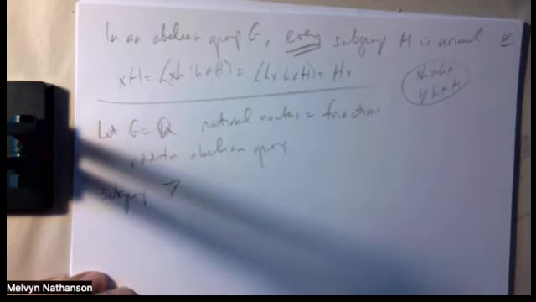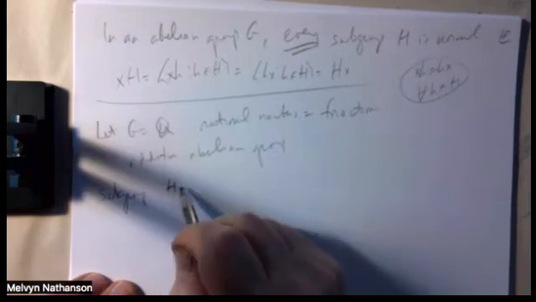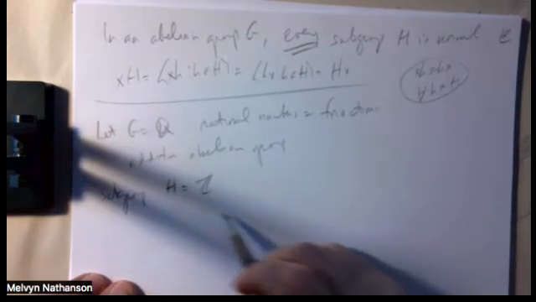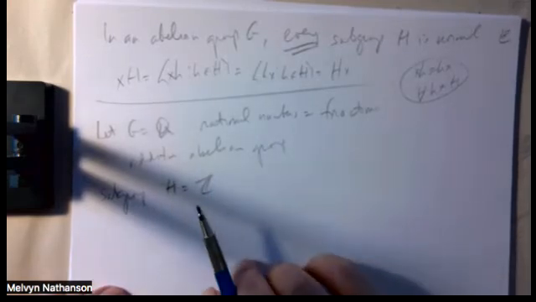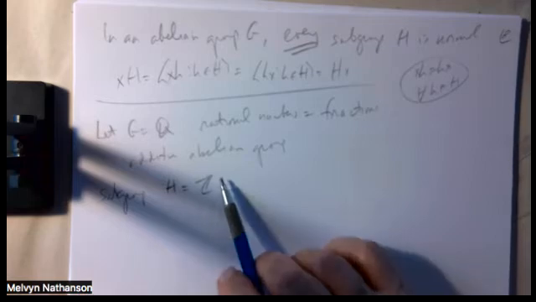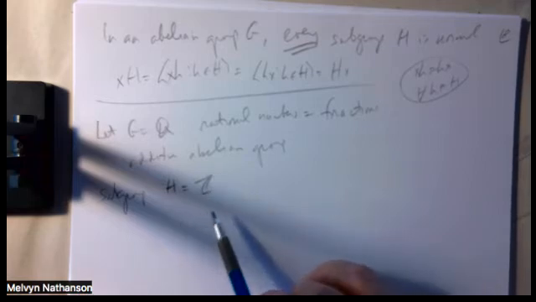Suppose I take the subgroup of integers. I take H to be the subgroup of integers. Every integer is a fraction with denominator 1. Every integer is a rational number.